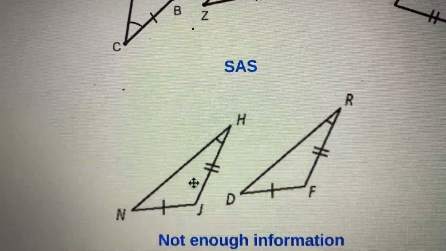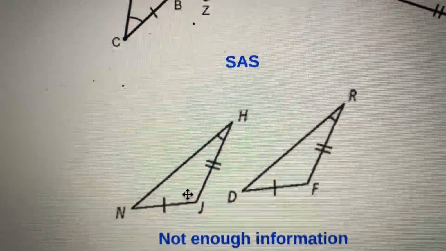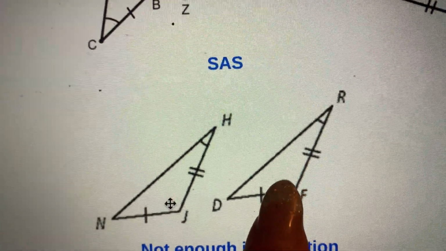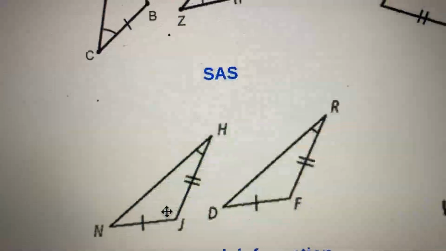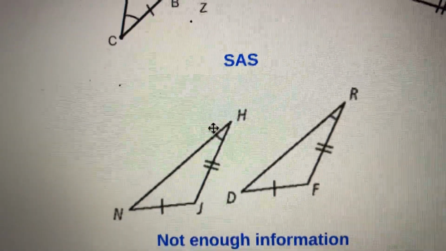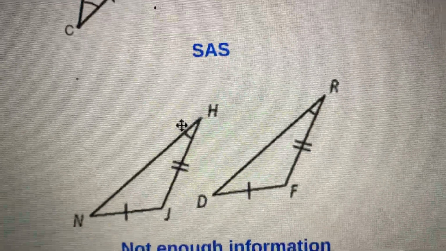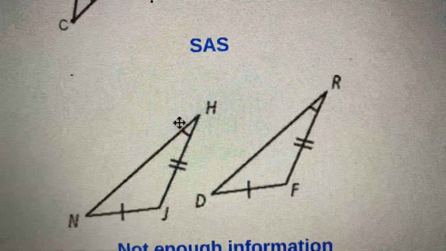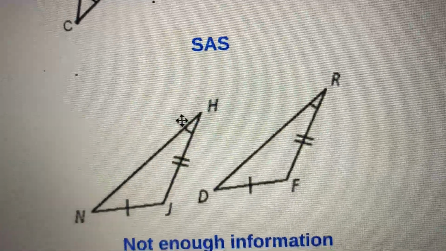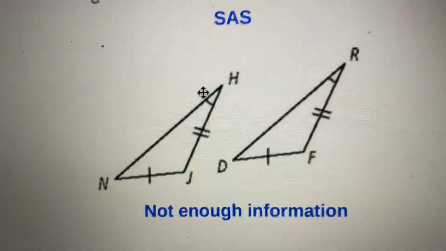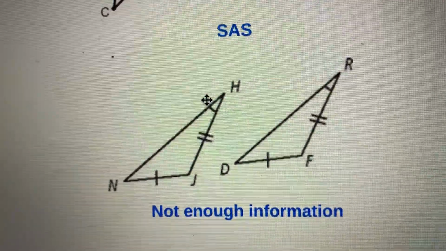So for example, if it was J and F, so if it was J here and F, it would go side, angle, side, but this one goes side, side, angle, which is not the same. You can also flip that around, and if it said angle, side, side, you can think about what that would spell, and you would know that we're not going to use that for math, okay? Because you wouldn't want to have that written out. So for this one, it would actually be not enough information.